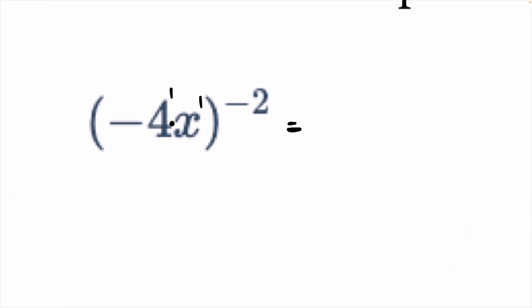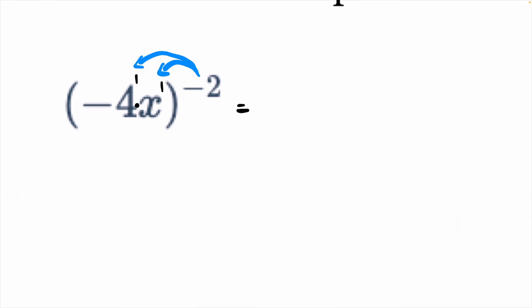Parentheses. So let's go to my parentheses. I don't have just one thing in there. It looks like I have multiple, so I'm going to use step 4. Step 4 says that power on the outside, give it to everything that's on the inside. Kind of distribute it. Okay? So, I'm going to distribute here and distribute here. So what is that going to look like? It's going to look like this.